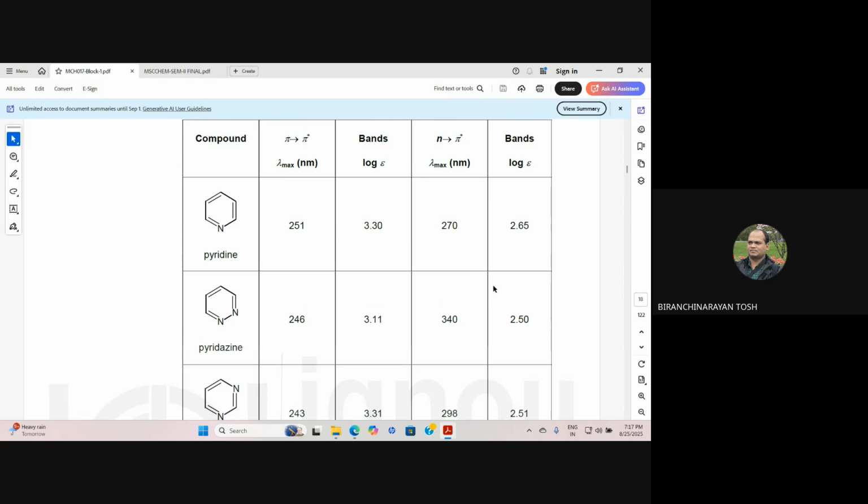This is the molar extinction coefficient, log E, which is the intensity of bands. UV visible spectroscopy is governed by two laws, Beer's law and Lambert's law. The molar extinction coefficient is the value which gives you the intensity, along with lambda max.